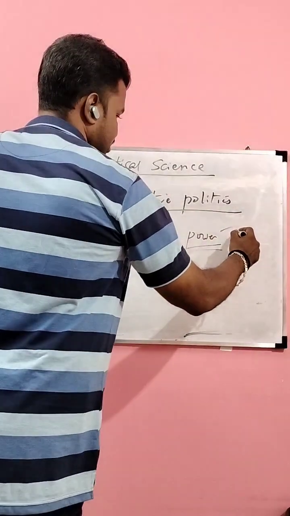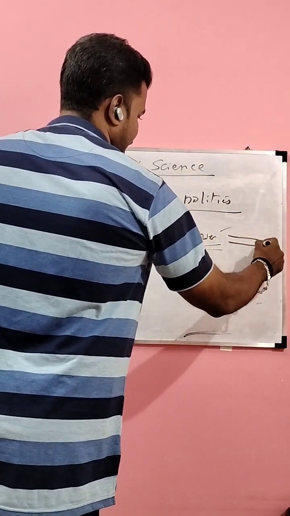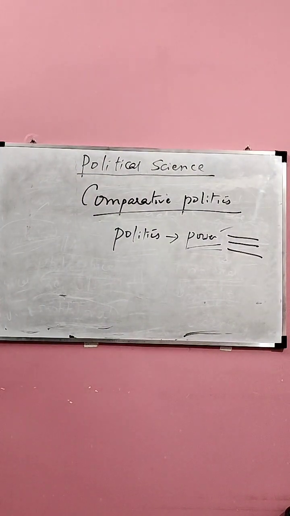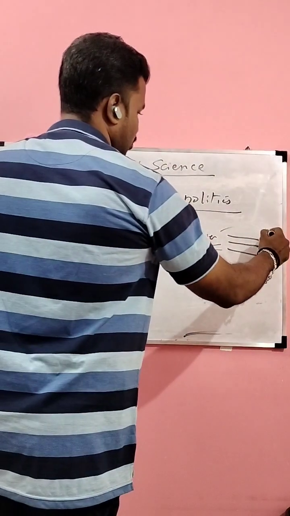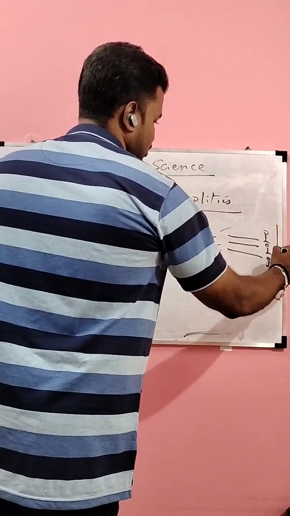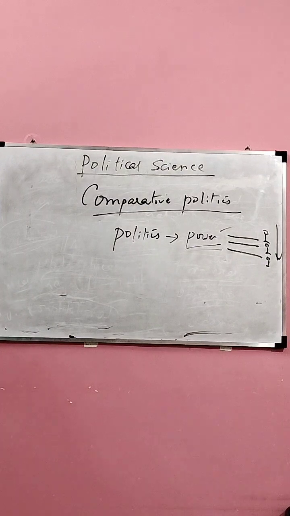Society is arranged in a hierarchical manner based on power. A person may have more power in the society, another person may have less power. So when you look at the society, you will see a power differential, and there will be pursuit for power among people as well as different groups. So whenever there is such a situation, you will see politics.